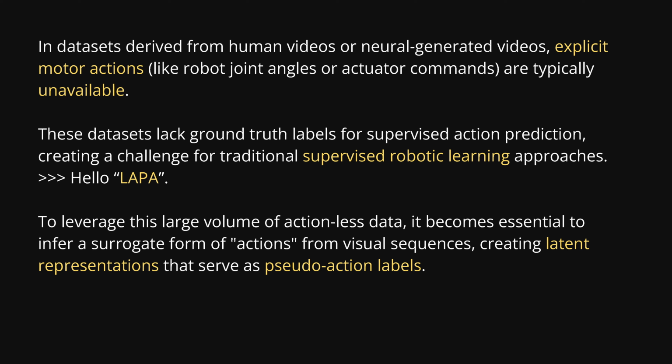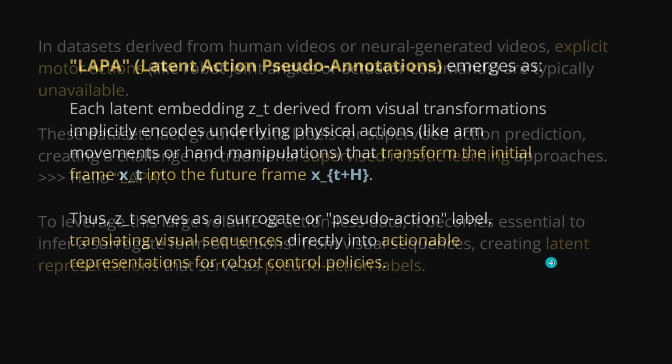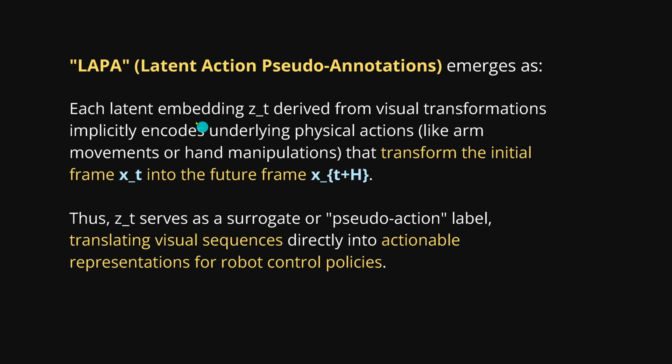So what we do here, we create latent representations, what could be later called pseudo-action labels. So LAPA stands for latent action pseudo-annotation, created synthetically from a diffusion transformer. And as I told you, transform your initial frame into a future frame, and therefore our pseudo-action labels translate visual sequences directly into actionable representations for the robot control policies.